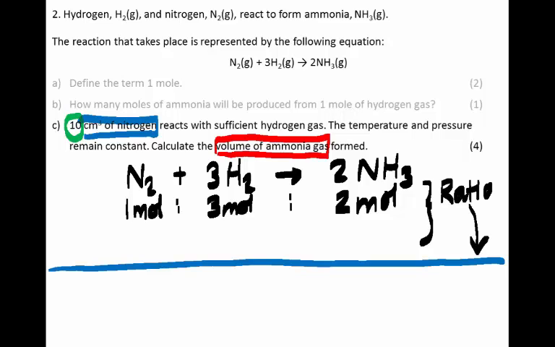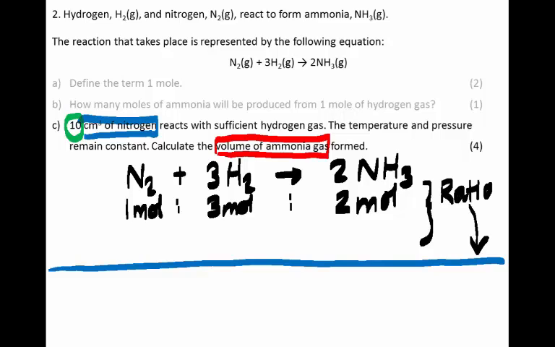In this method, we realize that the mole reaction ratio is the same ratio as a volume reaction ratio. So 1 mole is to 3 mole is to 2 mole. Therefore, 1 centimeter cubed is to 3 centimeter cubed is to 2 centimeter cubed. Or 1 decimeter cubed is to 3 decimeter cubed is to 2 decimeter cubed. And which of those you want to do is just whatever is most convenient.